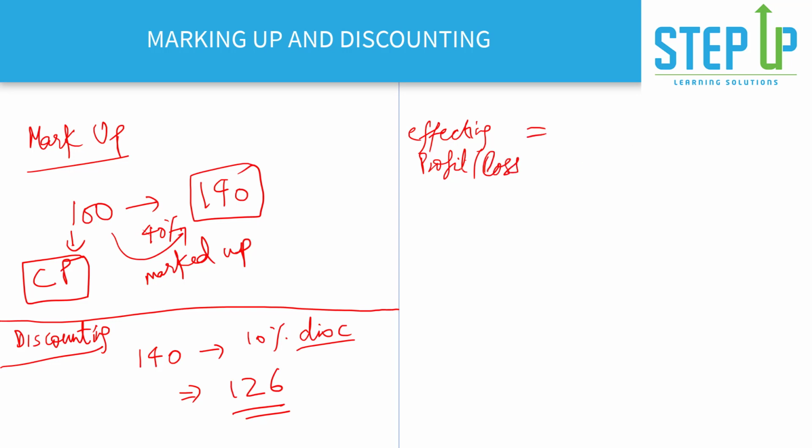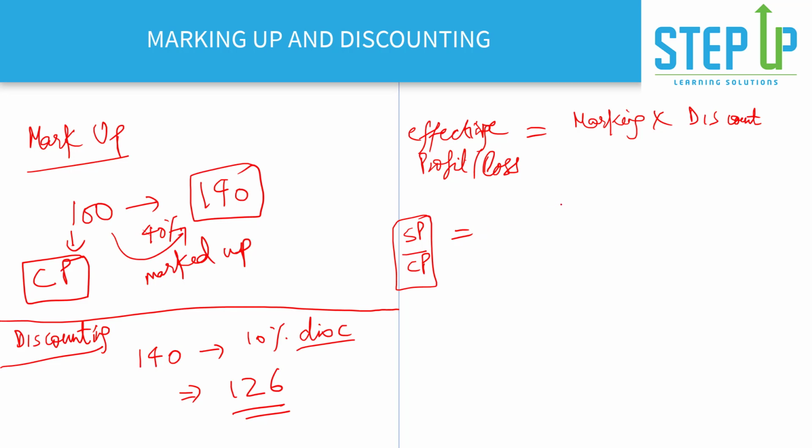So I will always put it in the form of SP by CP, and the effective change would be a function of my marking up and discounting. It is somehow similar to the concept of successive percentage change, if you remember. This will be in the form of SP upon CP.